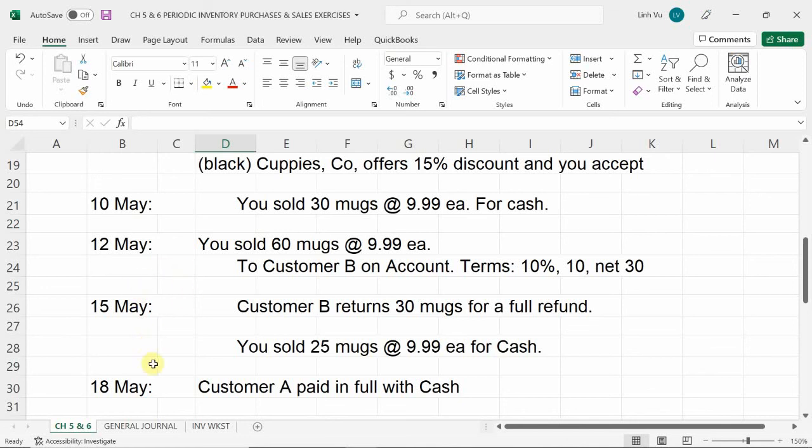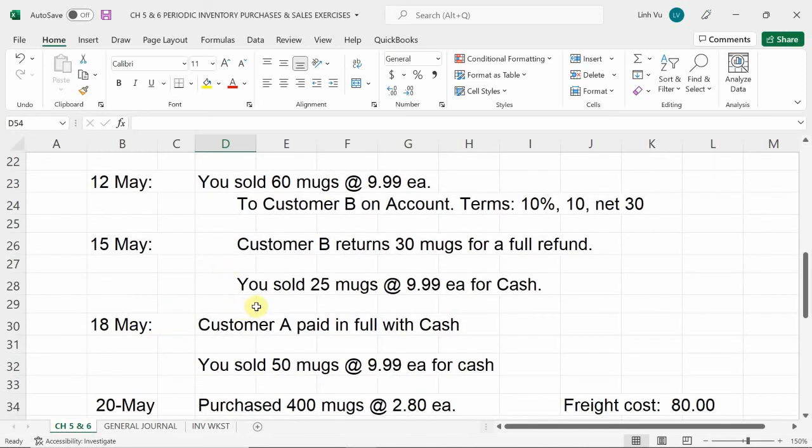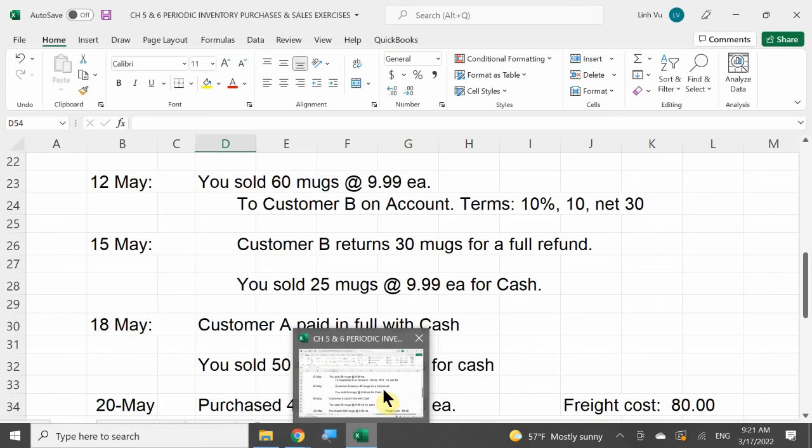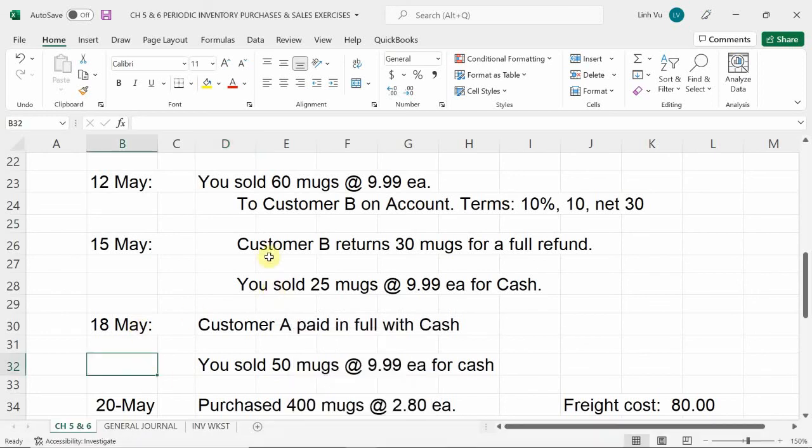That very same day, you also end up selling an additional 25 mugs for cash. Okay, so that very same day, you end up selling 25 mugs for cash.